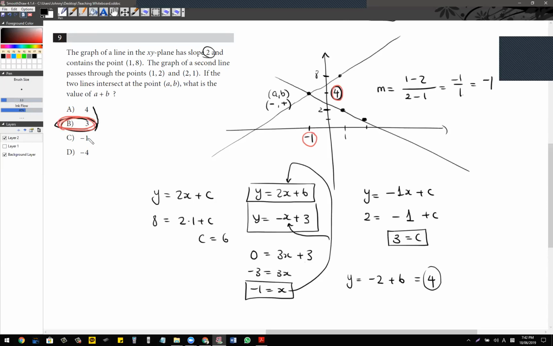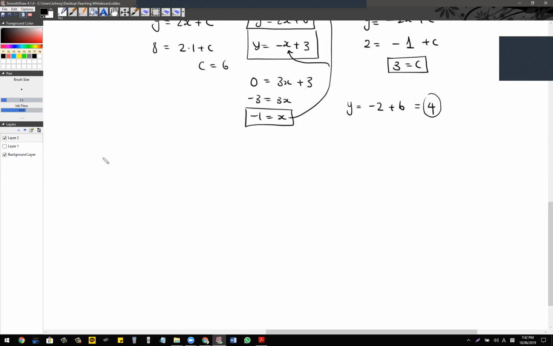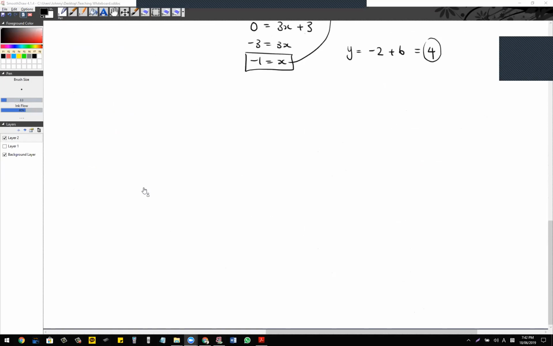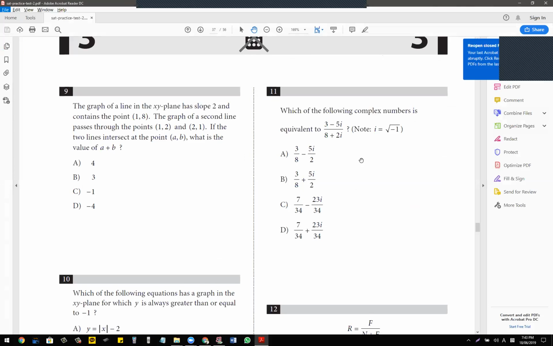There's a penalty if you get it wrong, but still, if you can narrow it down to 2 choices, you have to guess. If you can't narrow it down at all, then you shouldn't guess. Just leave it.